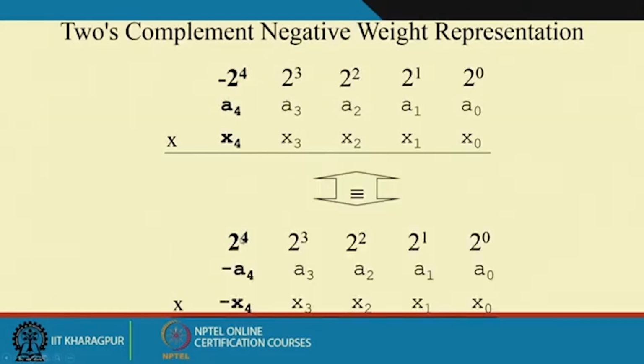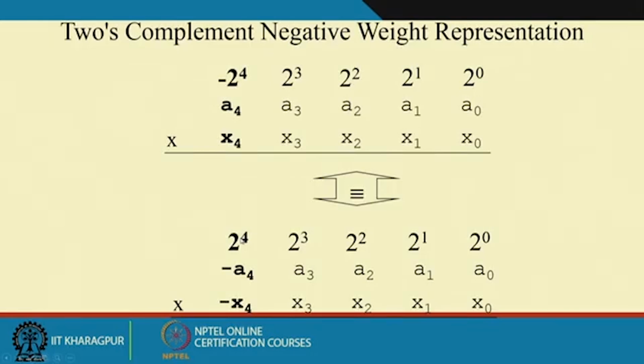But if I have not done that, then I have to add the sign bit to the LSB position. For the rest of the cases it will be 1 and S bar. And the last partial product will be just as it is. So, before the last, it will be just S bar only, not 1 and S bar. We have already discussed in the last class how to remove this.